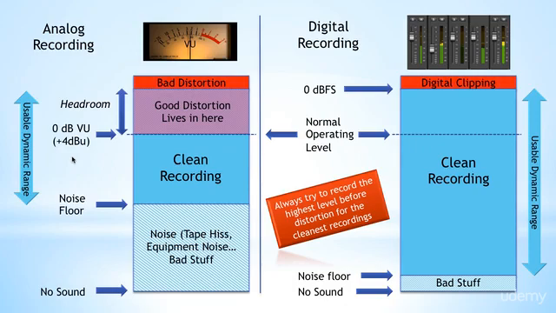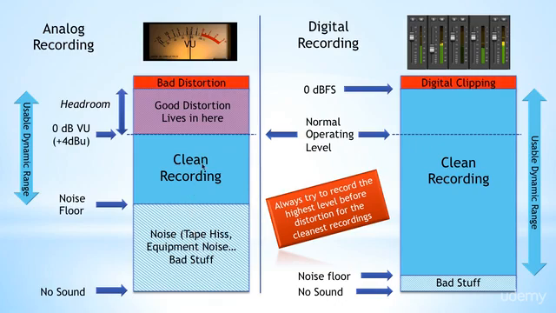And vintage old gear, preamps, compressors, EQs, all that stuff has a little bit more noise in the actual equipment than nice, new, clean analog gear. So we've got this big noise floor on the bottom here that we don't want to record anything very quiet because it's going to be recorded at the same volume as the noise. And then when we turn it up so we can hear it, we're going to hear the noise.